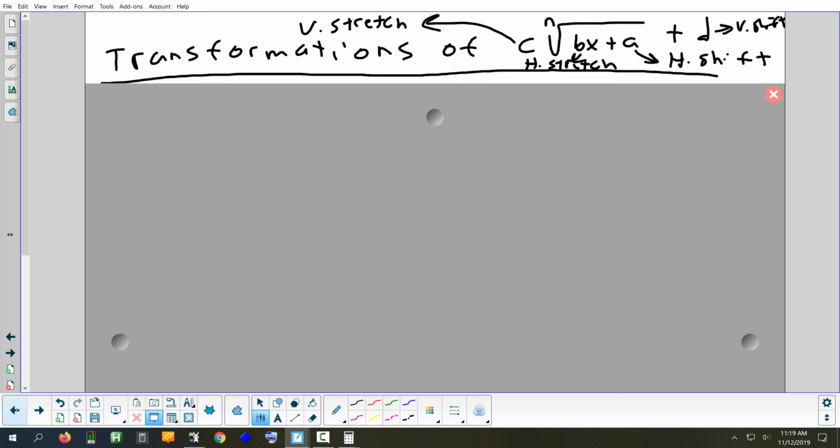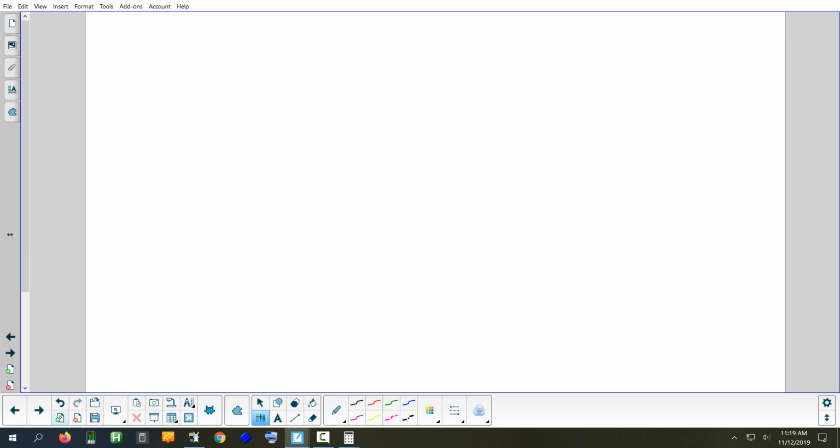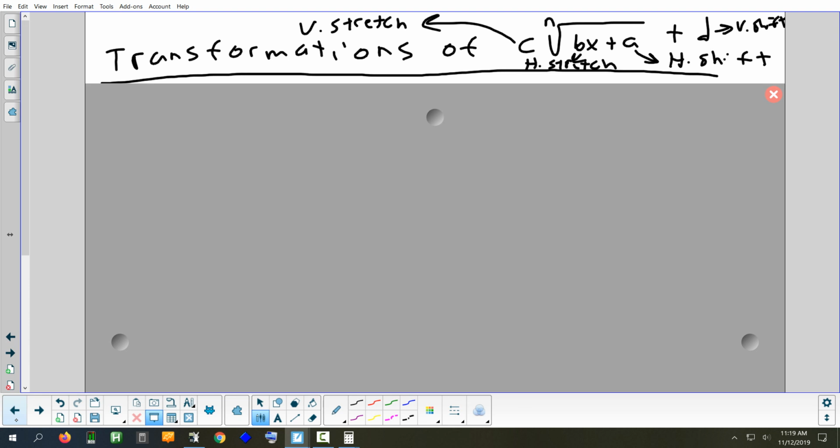If C is negative, it's a vertical reflection. Vertical reflection would look like this. Vertical means over the x-axis, horizontal means over the y-axis. So there's 6 things potentially that could happen in a transformation problem: 2 shifts, 2 stretches, 2 reflections.